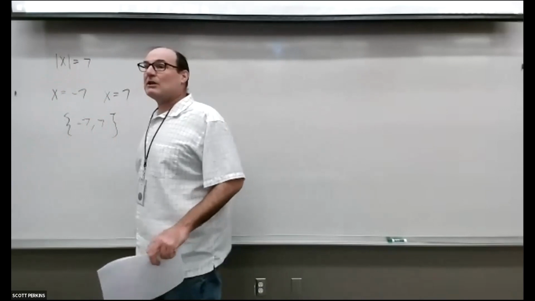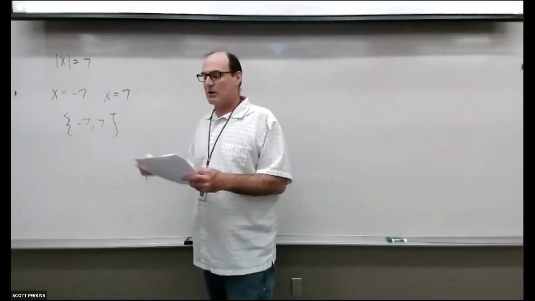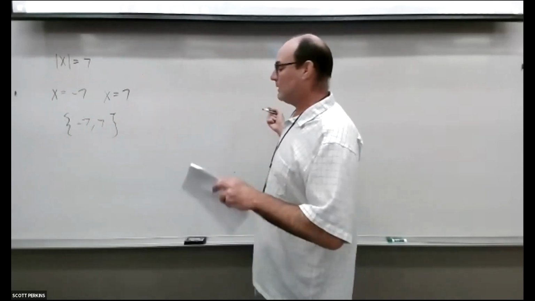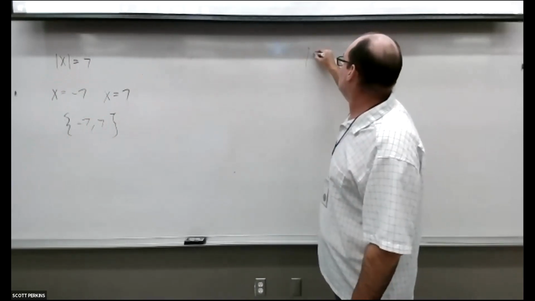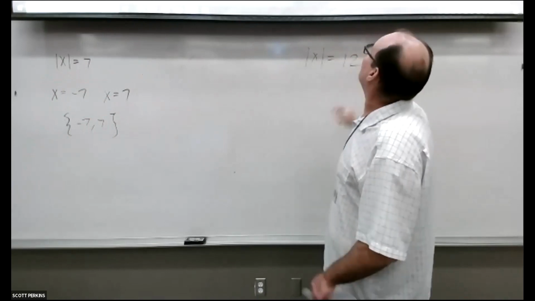All right, what I would like you to do, I'm going to leave a little space because I'm going to do a problem that's related to this, but what I would like you to do is exercise 5, right next to it. It's going to take you 4 seconds to do. The absolute value of x is equal to 12.